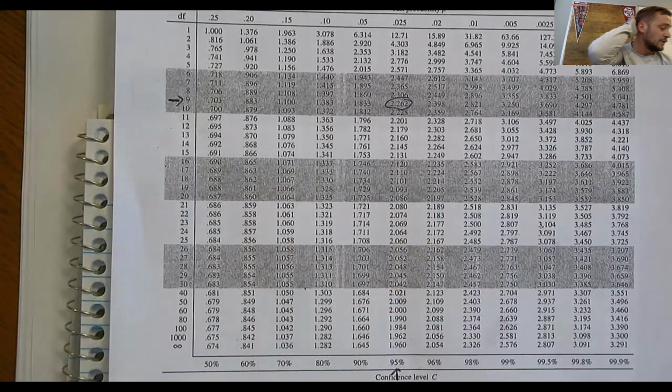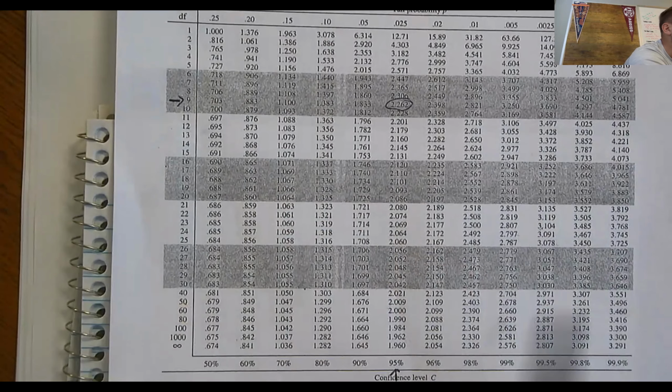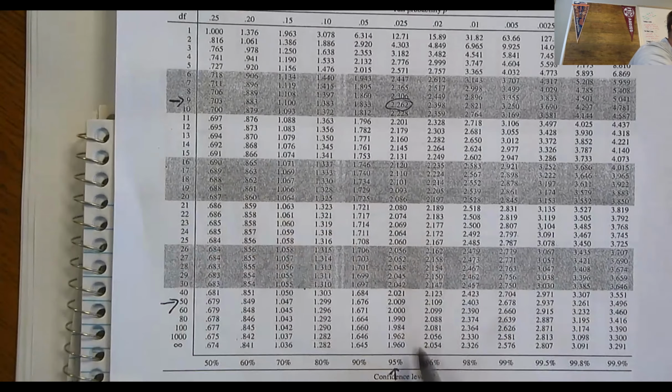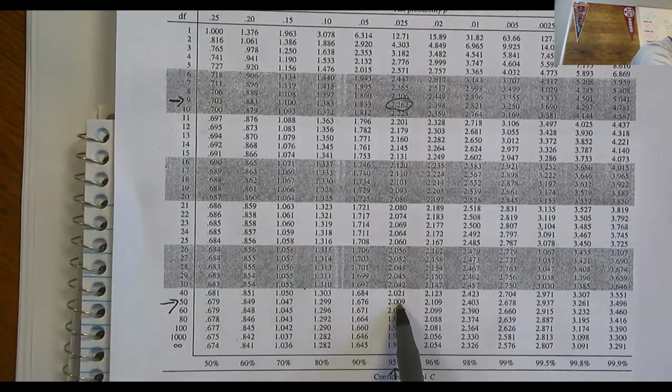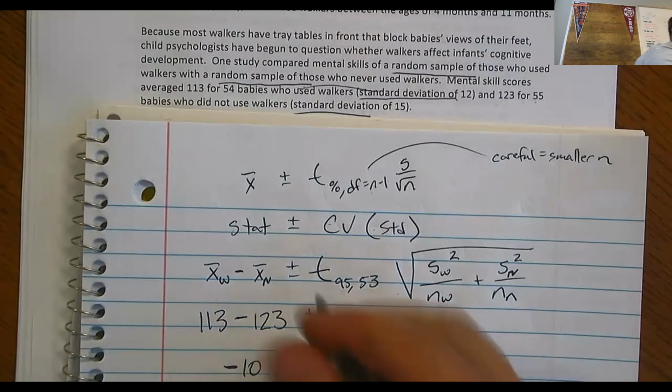Well, we have to use whatever is closest. So we're going to use 50 as our degrees of freedom, and we are doing a 95% confidence level. Where do those two intersect? At 2.009.